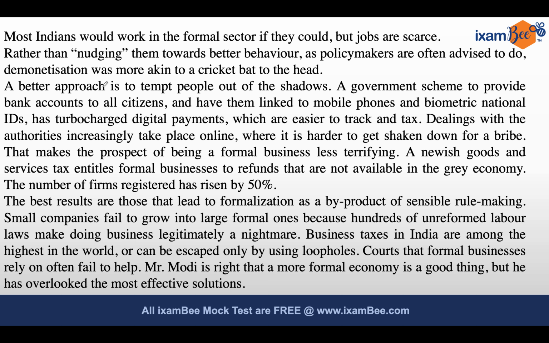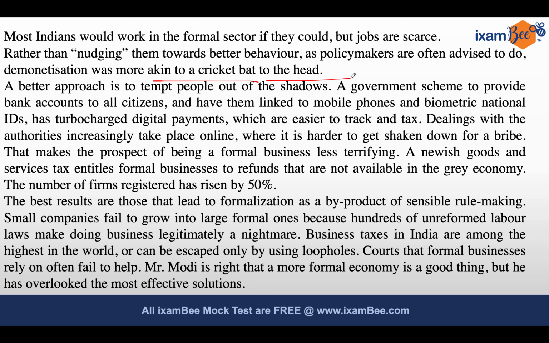You do not need to include this. See, cricket bat to a head is an explanation. It's an imagery, a figure of speech. You are comparing the effect of demonetization on common people to being hit on the head by a crooked bat. But remember what we said? We do not include figures of speech. We do not include flowery language.